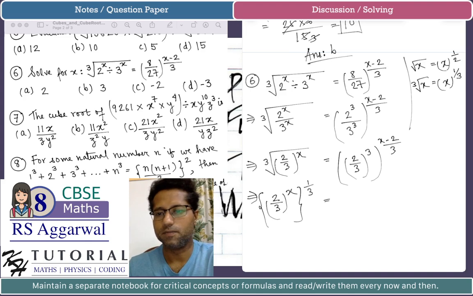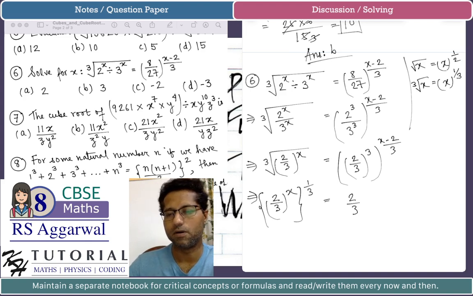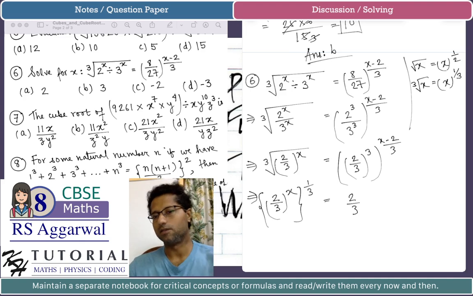On the right hand side, we have 2 by 3 raised to the power 3. The base is 2 by 3, and we are having two levels of powers. The power in the first level is 3, and the power in the second level is x minus 2 by 3.